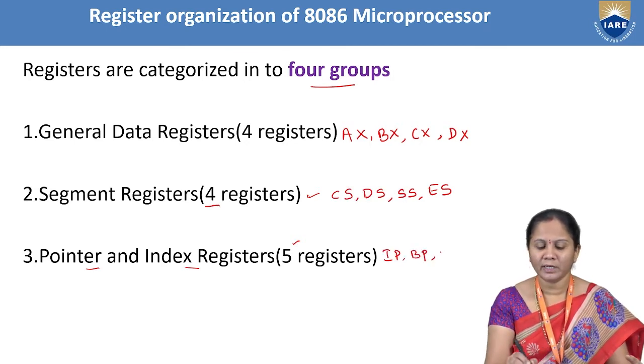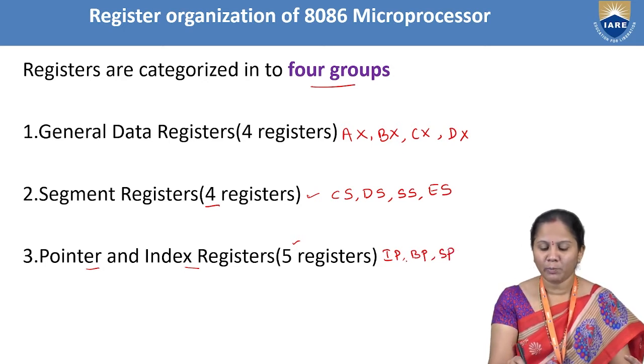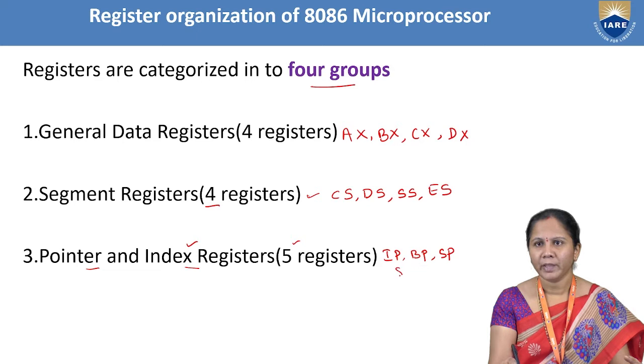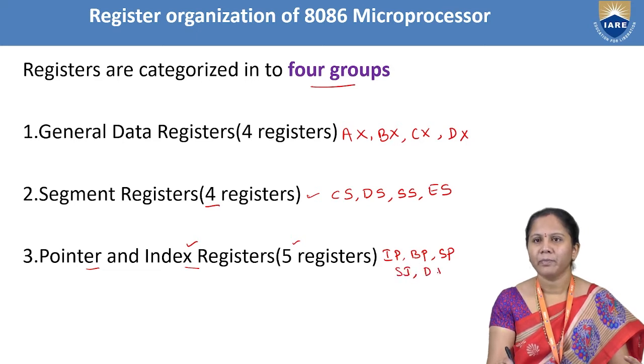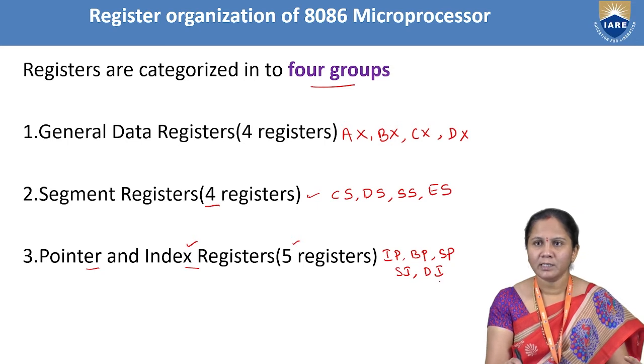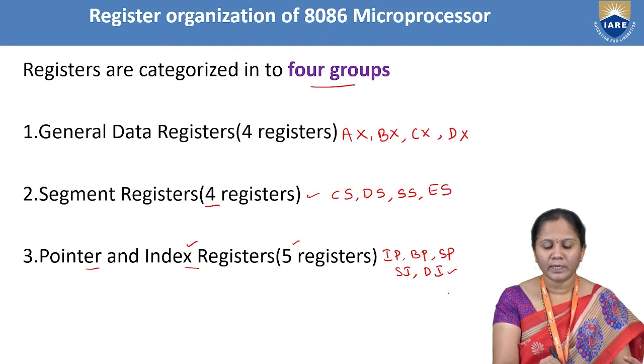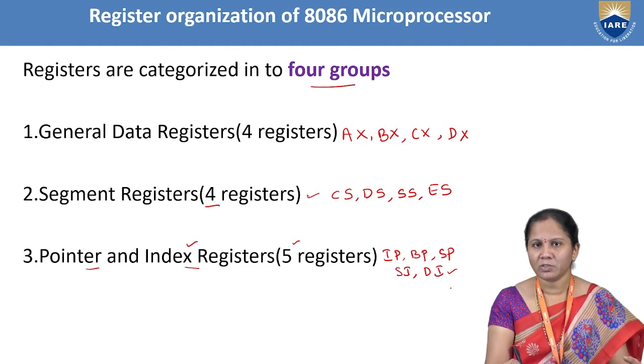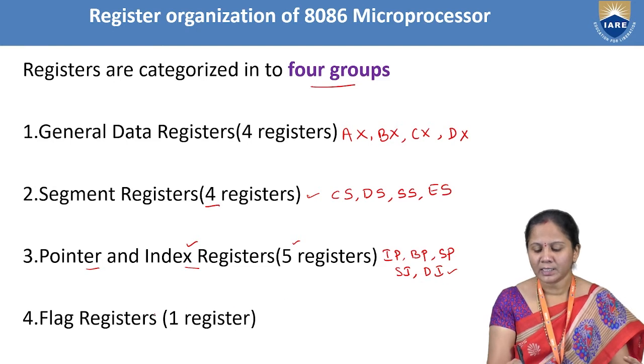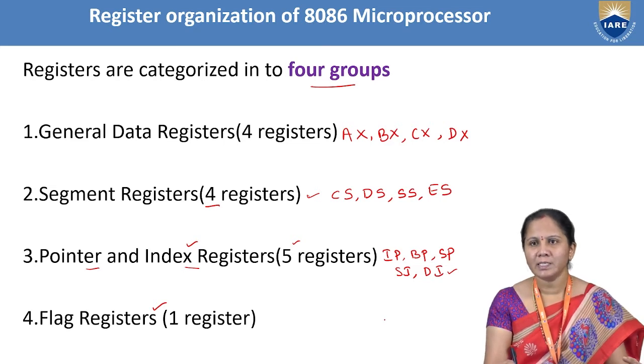The total number of pointer and index registers available is 5. Coming to the pointer registers, we have instruction pointer, base pointer and stack pointer. These are the 3 pointer registers, all 16-bit registers. And coming to the index registers, 2 index registers are available, that is SI and DI. SI represents source index and DI represents destination index. These 2 registers are also 16-bit registers.